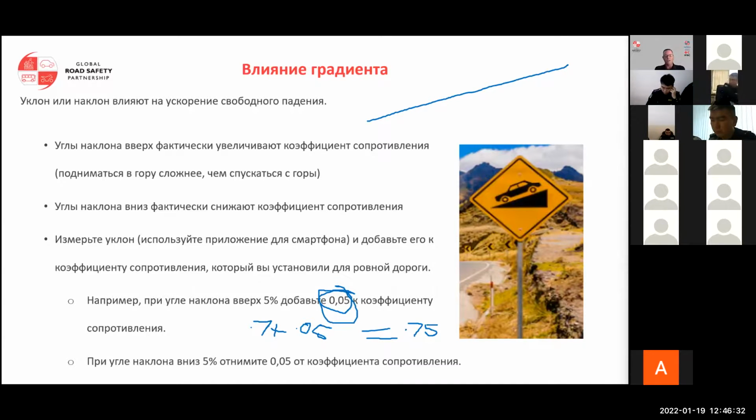We've increased the drag factor to account for the fact that gravity is also slowing the car down. If the skid is downhill, it's the exact opposite. We subtract the gradient. So dry road, downhill skid, 0.7 minus 0.05, our gradient, gives us a drag factor of 0.65. So it's slightly less than on a level road because gravity is helping to pull the car down the slope.